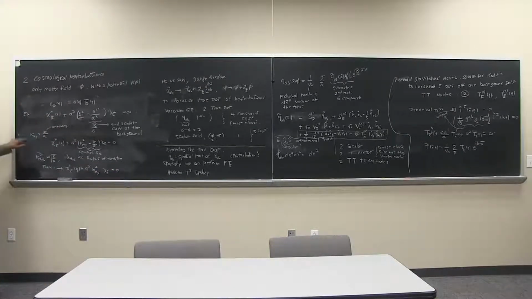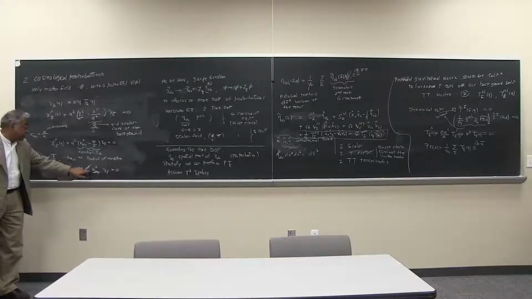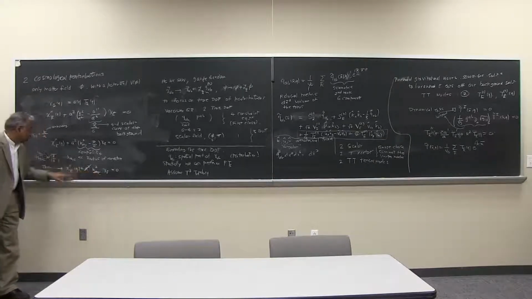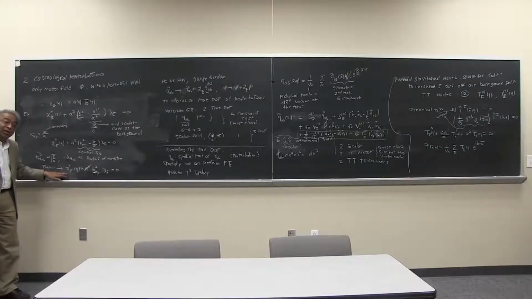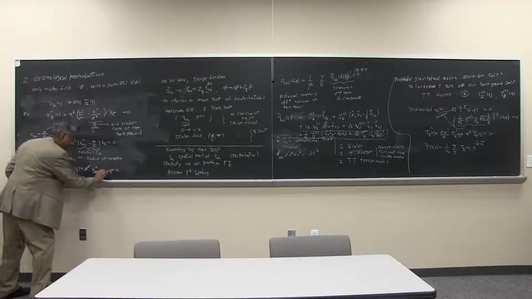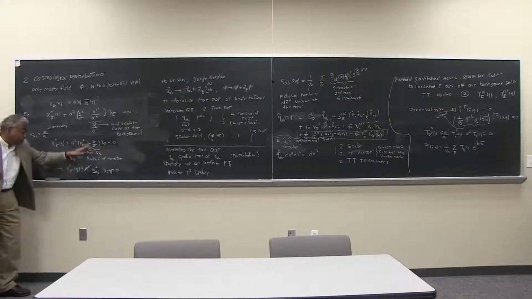But we just saw that k physical is k by a, therefore I can just remove this, and this is just equal to k squared chi k. So now the equation just looks like the harmonic oscillator equation, or if you like, the mode is evolving in time as though it was in Minkowski space, because all reference to the curvature is gone.